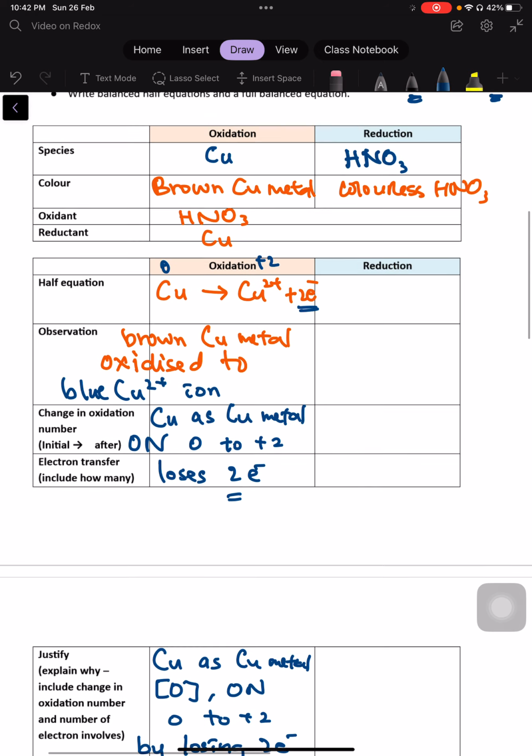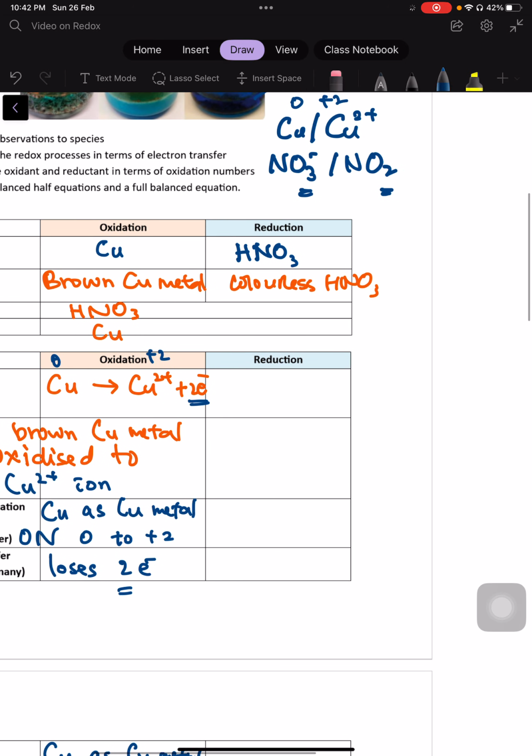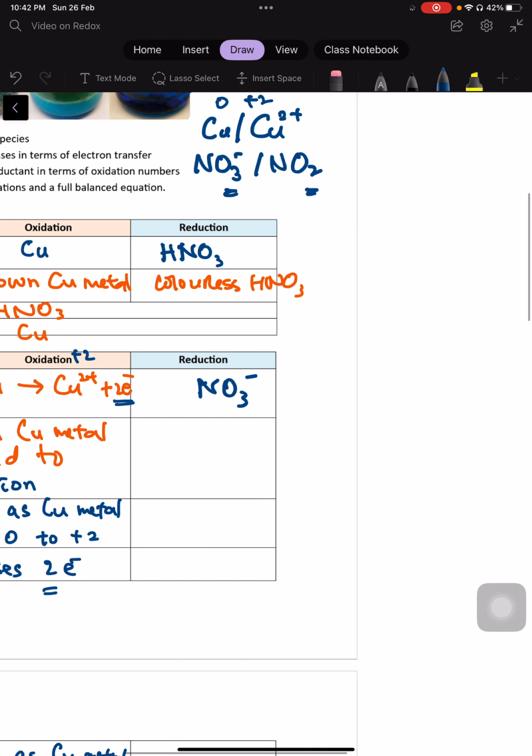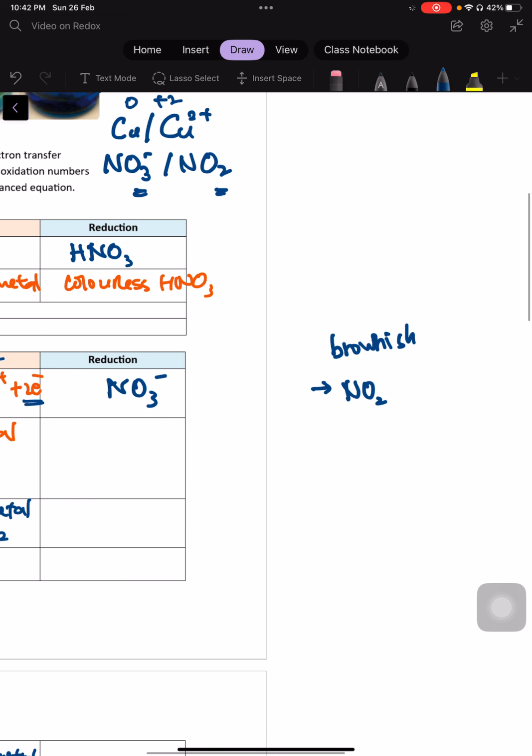So this is one half of your answer, followed by nitrate. We have nitrate on the left hand side and nitrogen dioxide on the right hand side, seen as a brownish gas. To balance this equation, you have to follow the steps in balancing.